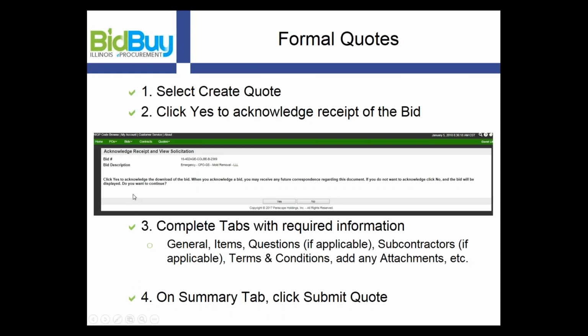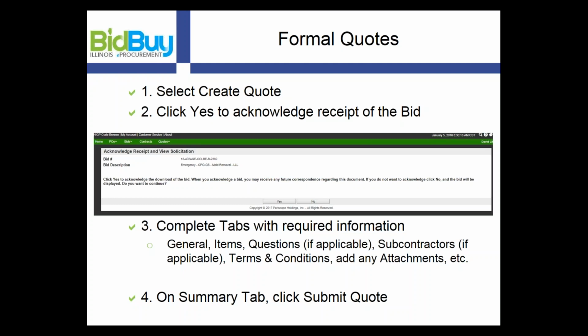Once again, from that point, you're clicking Acknowledge in order to receive further notifications and communication regarding this bid. You'll complete all the tabs with all your required information: the General tab, the Items tab, the questions if there are questions from the state, the Subcontracting tab if applicable, and accepting the terms and conditions.